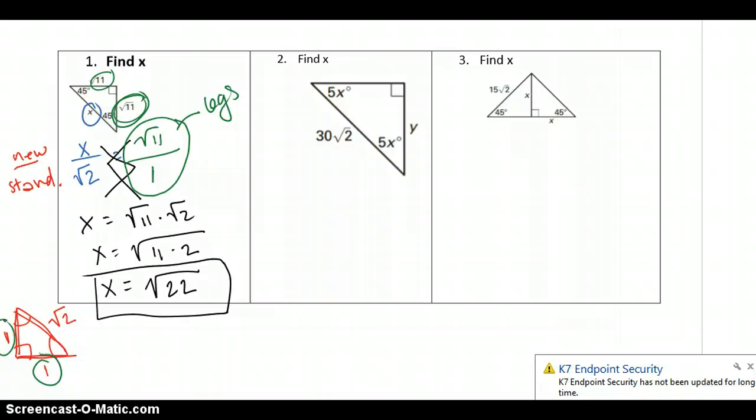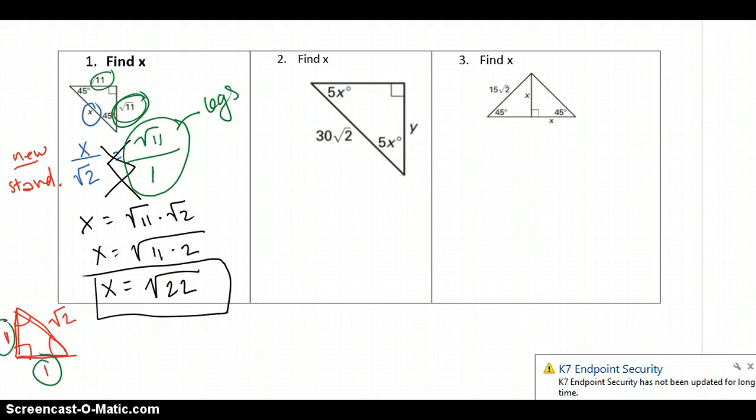Okay, some people, if you don't cross multiply like that, that's fine. Some people learned it that way, but if you don't do it that way, that's totally fine. If you just know 1 times x and square root of 2 times square root of 11, that's fine. Yep. So getting the idea that these triangles are similar and you can set up proportions is a little bit to wrap your head around. But once you get that, solving for x is not very difficult.